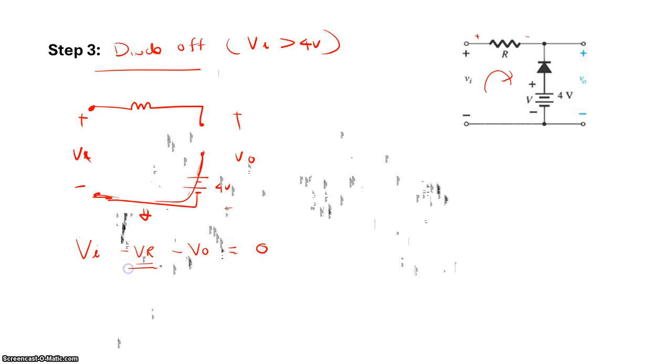You know VR equals 0 because there is no current. As the diode is open, IR is equal to 0, so VR is equal to 0. So V output should be equal to V input. Whatever the input is, that will be coming at the output. So that is the diode off condition.